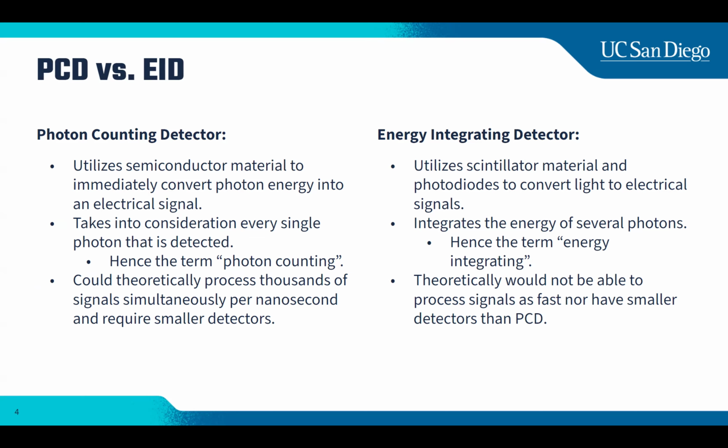With an energy integrating detector, instead of using a direct solid state material, it uses a scintillator, which produces light at the incidence of X-rays, and then that light is converted into electrical signal via photodiodes. It integrates the energy of several photons at a given time, hence the term energy integrating, and theoretically would not process signals as fast and would need bigger detectors due to the extra step in processing X-ray photons incident on the material.